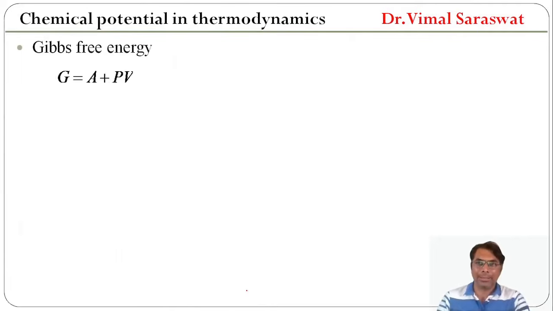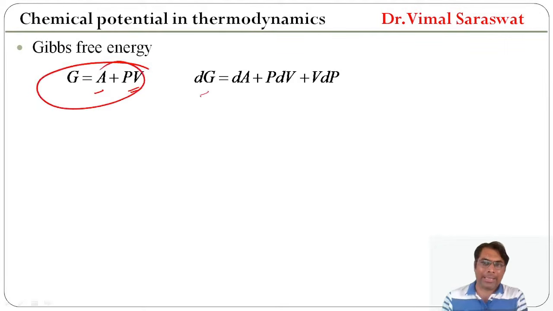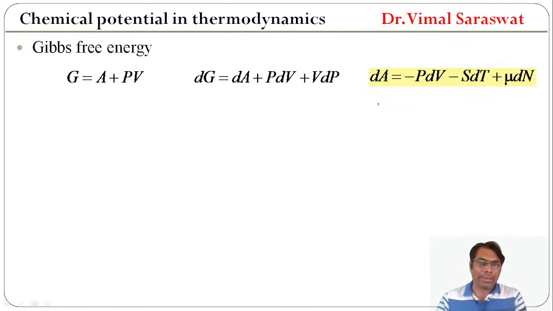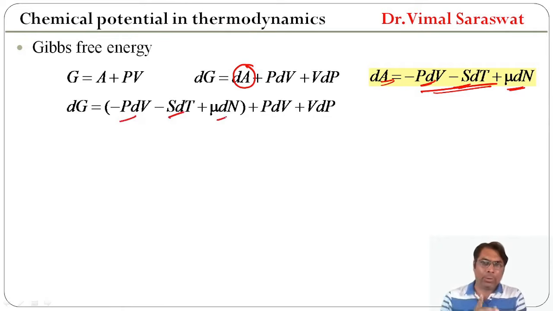Gibbs free energy G is equal to A plus PV. Now if we differentiate this equation, then dG equals dA plus P dV plus V dP, and since dA equals minus P dV minus S dT plus mu dN, if we replace this dA by this value, then dG equals minus P dV minus S dT plus mu dN plus P dV plus V dP.